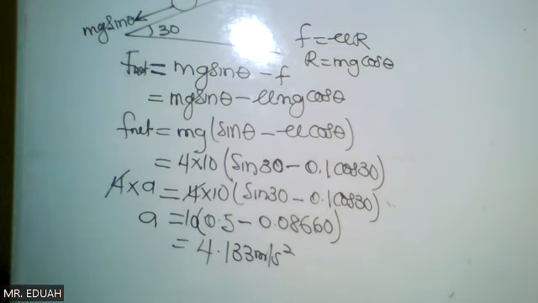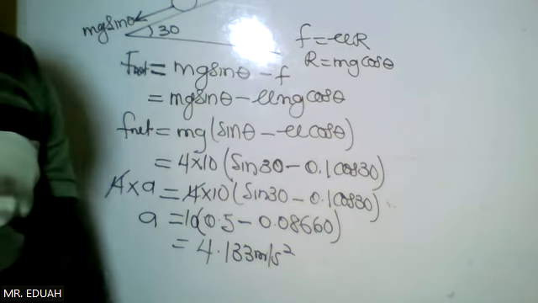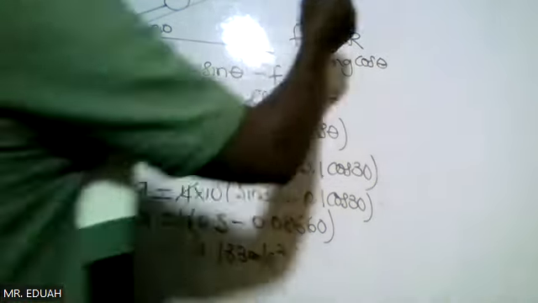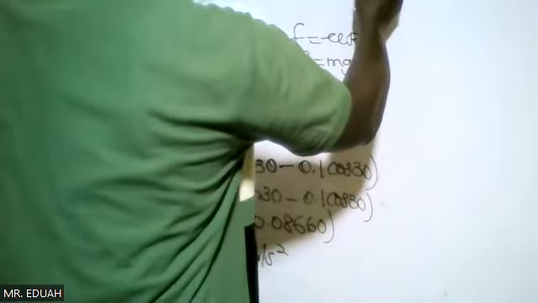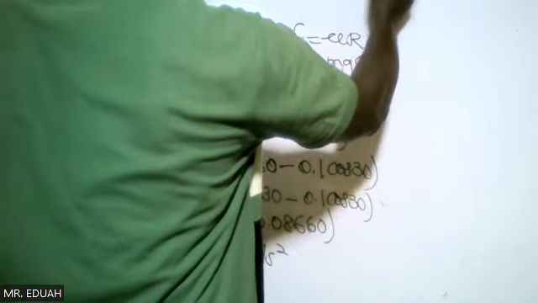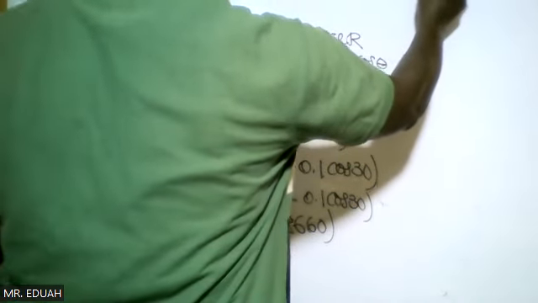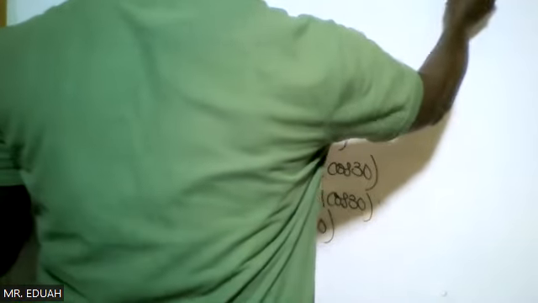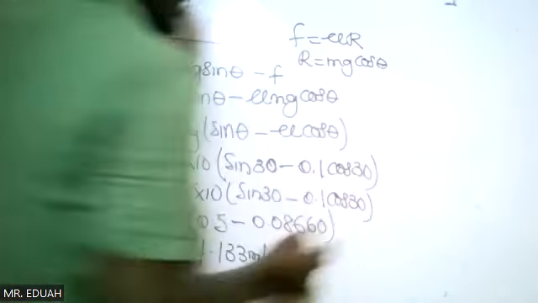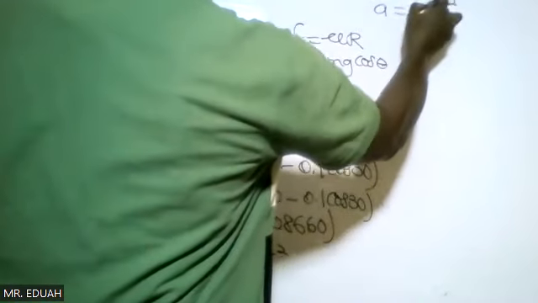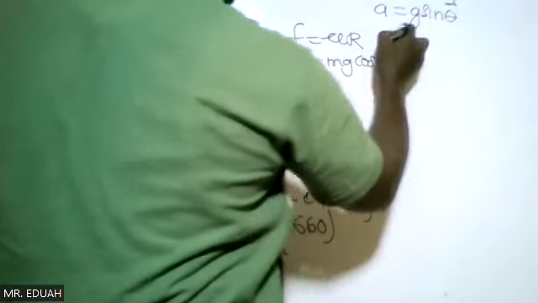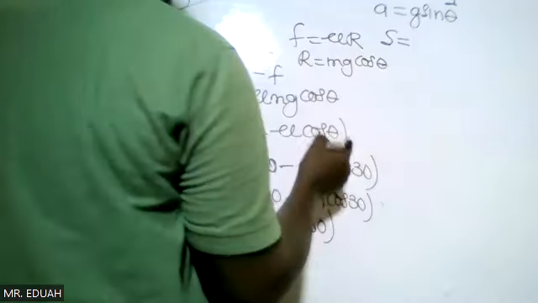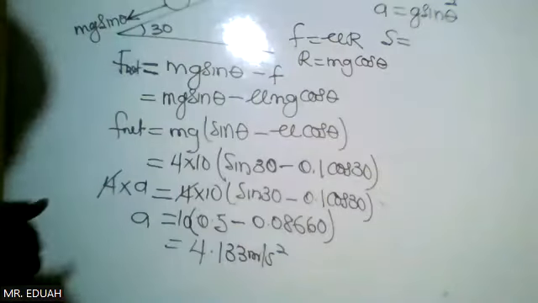If the length of the plane is given, this is by using equations of the inclined plane. S is equal to ut plus half at squared. On an inclined plane, the acceleration is equal to g sin theta.